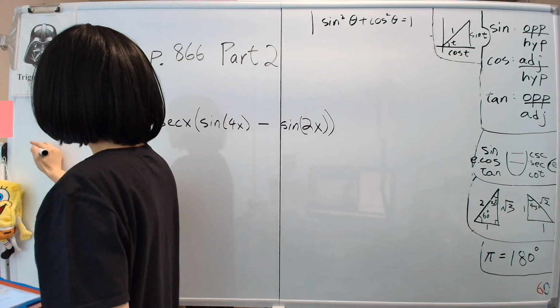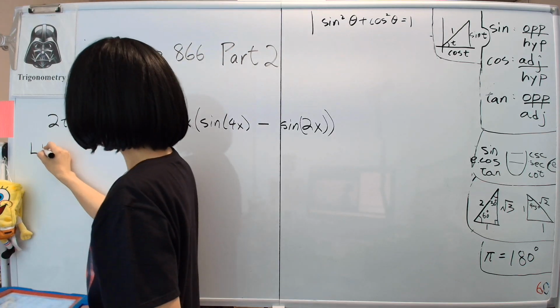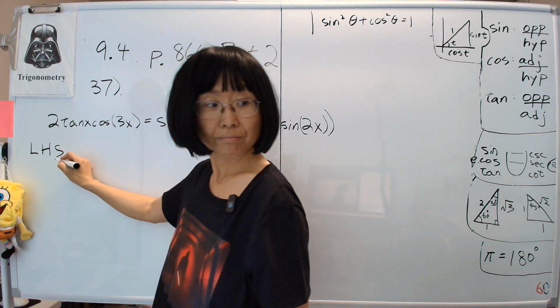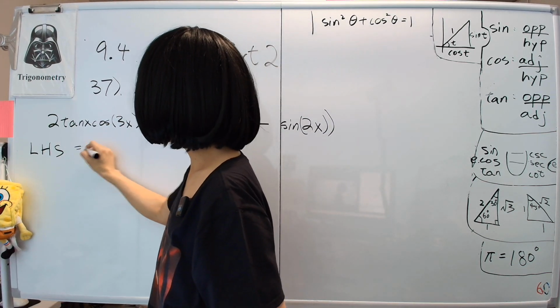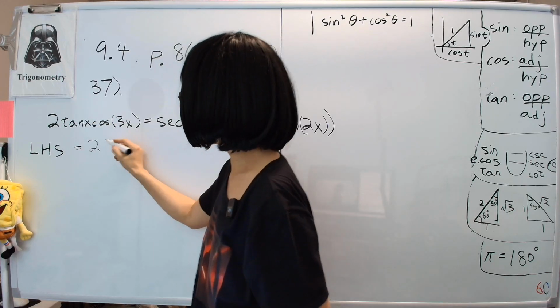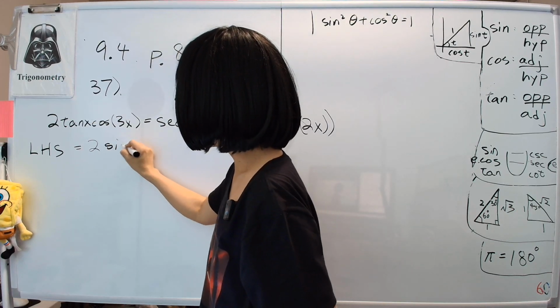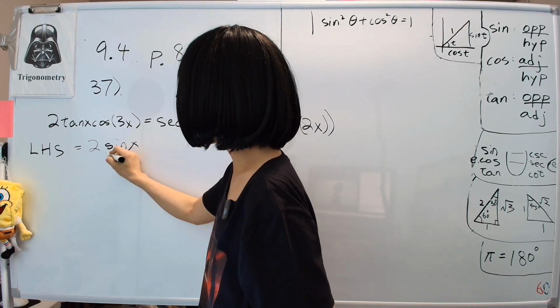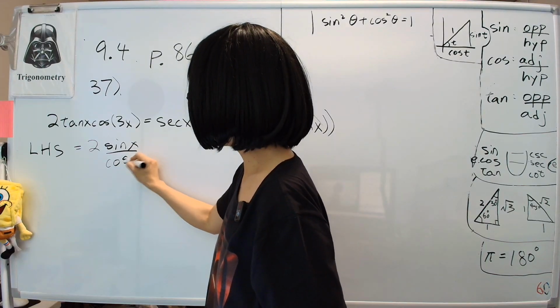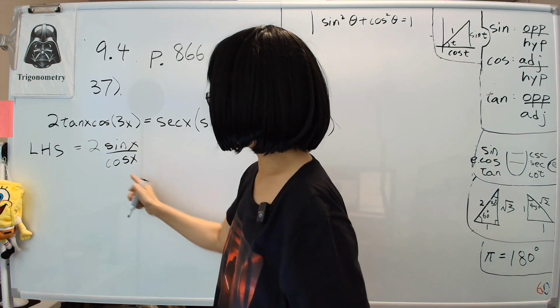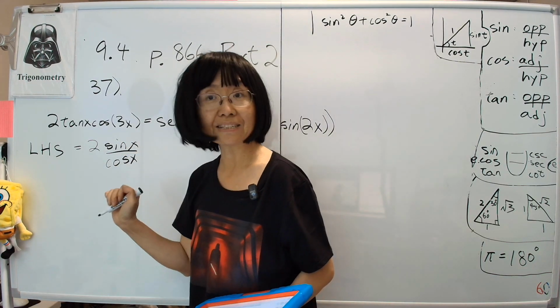So the left-hand side, we'll again start at the left-hand side. The left-hand side is equal to 2 times tangent. We'll write the tangent in terms of sine and cosine, which will be sine x over cosine x, which is tangent x. Opposite divided by adjacent, right?